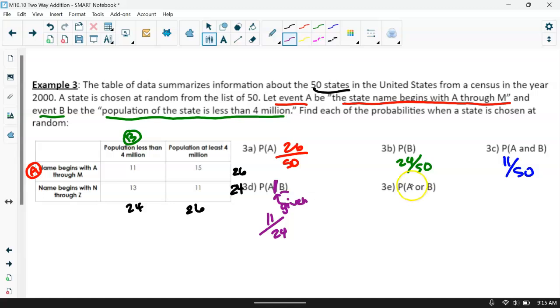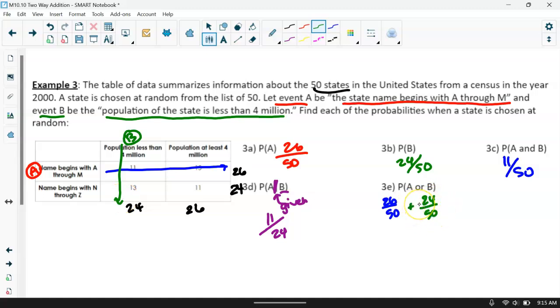Now here's our review with our OR. What is the probability of A or B? How many begin with A through M? 26 out of our 50. How many have less than 4 million? 24 out of the 50.